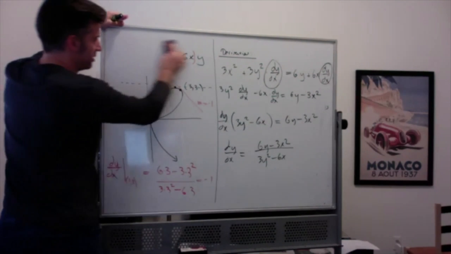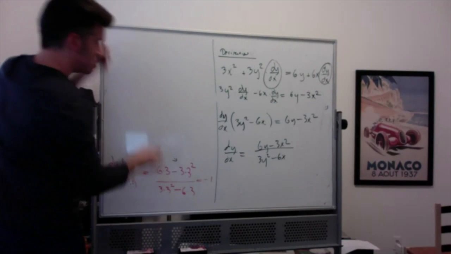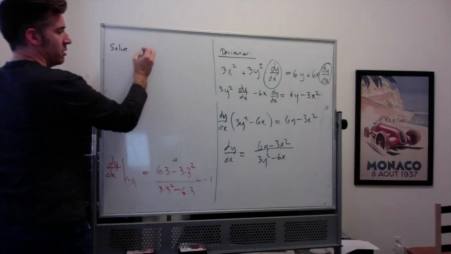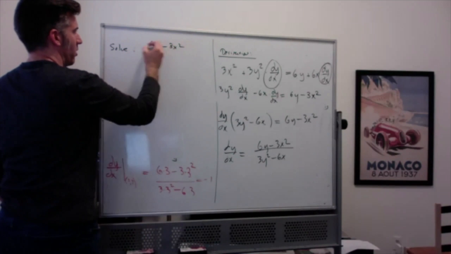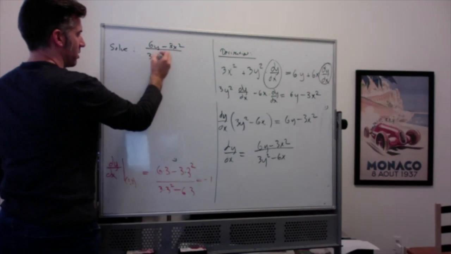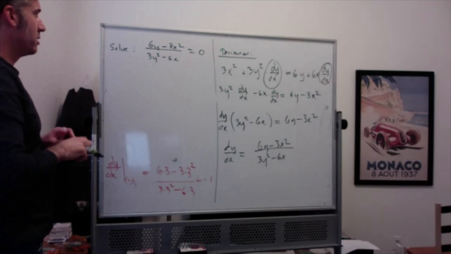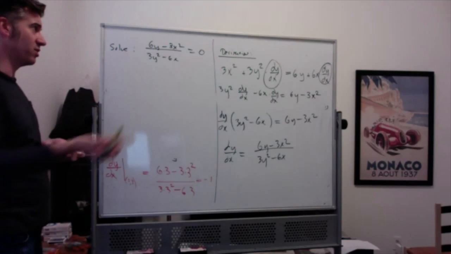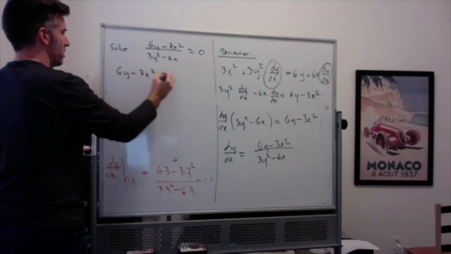So I want to solve 6y minus 3x squared over 3y squared minus 6x equal to 0. When you want to solve a fraction equal to 0, you're really trying to solve the top equal to 0. So I'm trying to solve 6y minus 3x squared equal to 0.